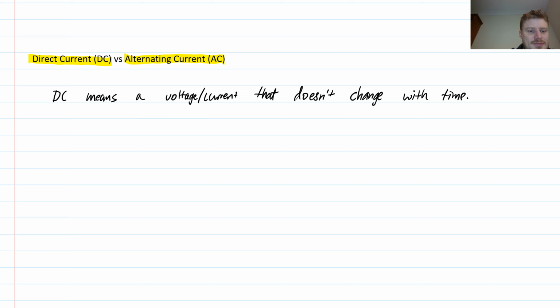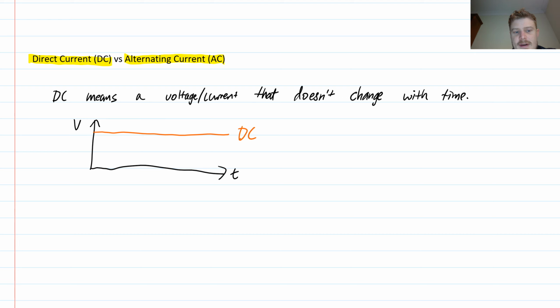So I can draw a little graph, and I can say the voltage supplied by my power source as a function of time, and it's constant. So that is DC, direct current.